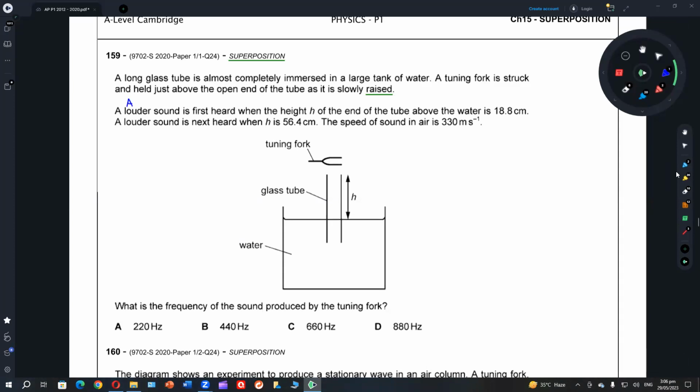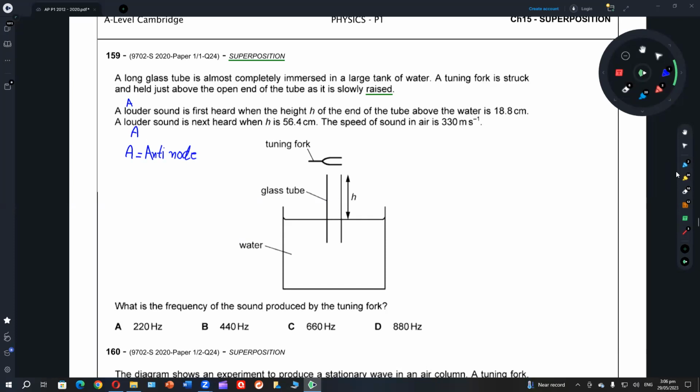Sorry. Antinode. What is the frequency of the sound produced by the tuning fork?